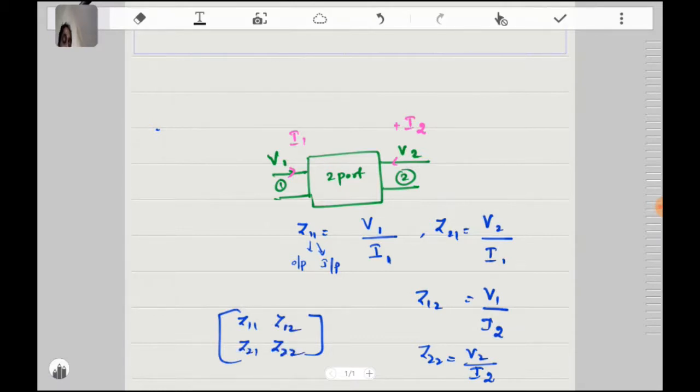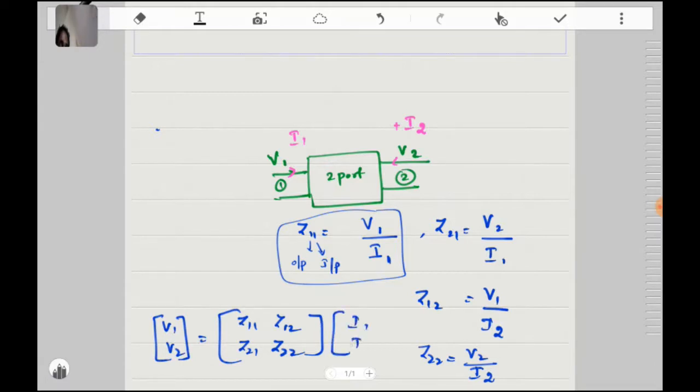Here this is the Z matrix, written straightforwardly. For example, if you take the first equation, Z11 equals V1 by I1. But is it always true? We have to find that out from the linear algebraic equation of this 2-port network. So I can write V equals Z into I, where this is V1, V2 and this is I1 and I2.